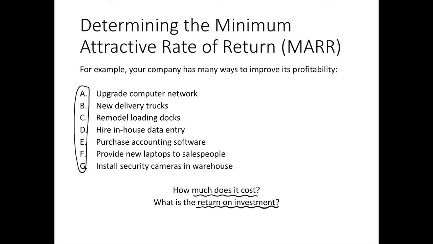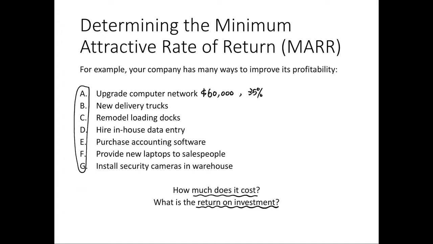Okay, so imagine that we already know how much they cost. Maybe for option A it costs 60,000. Okay, and then the return of it is maybe 35%.